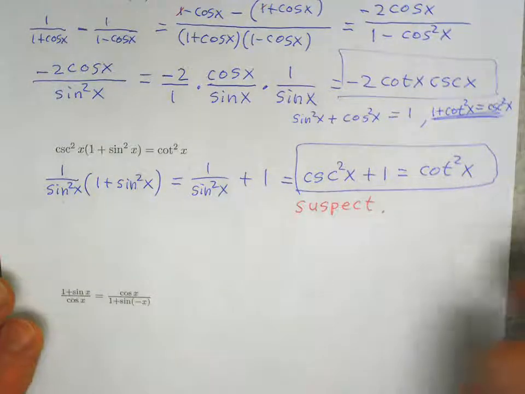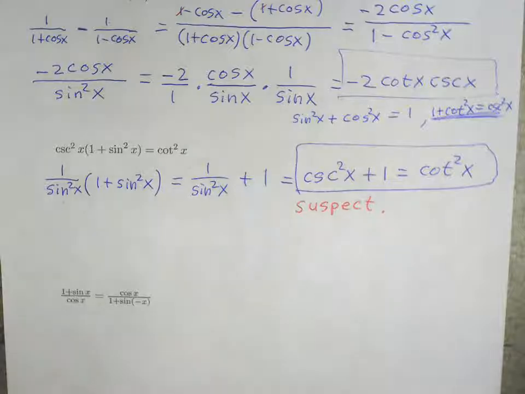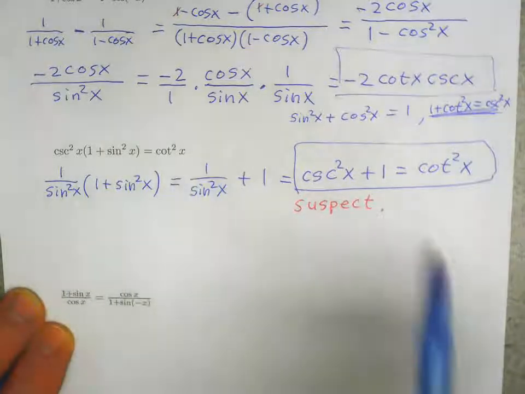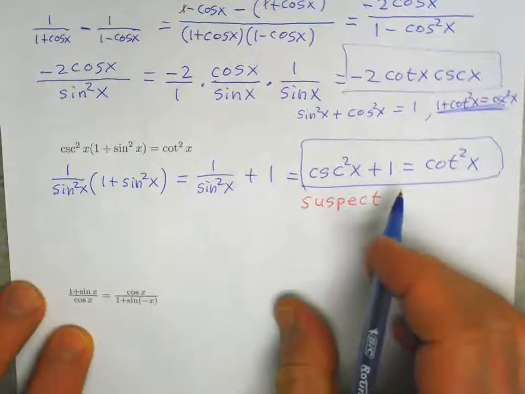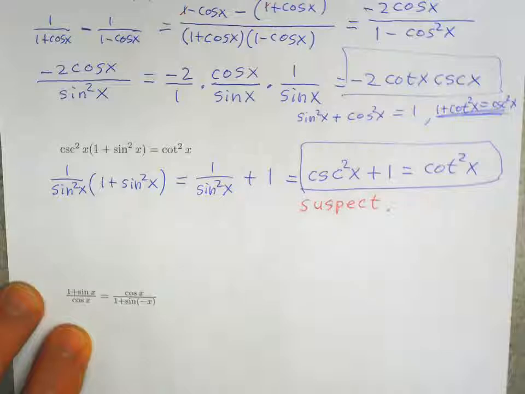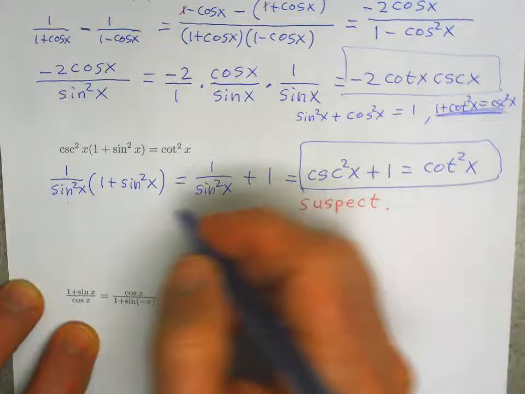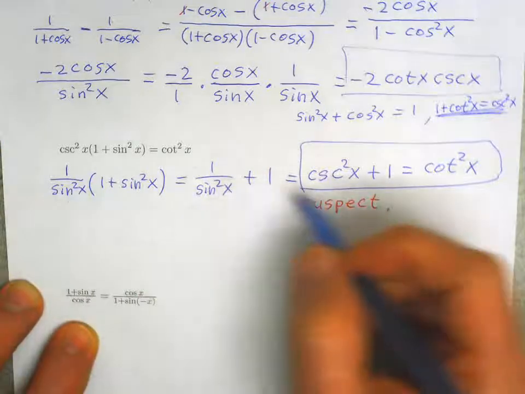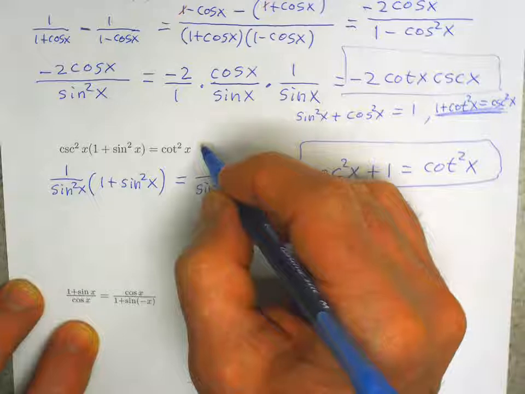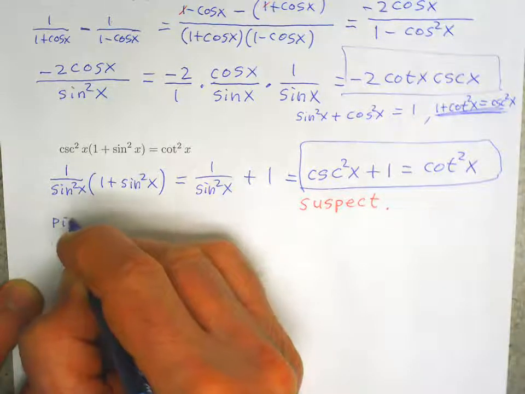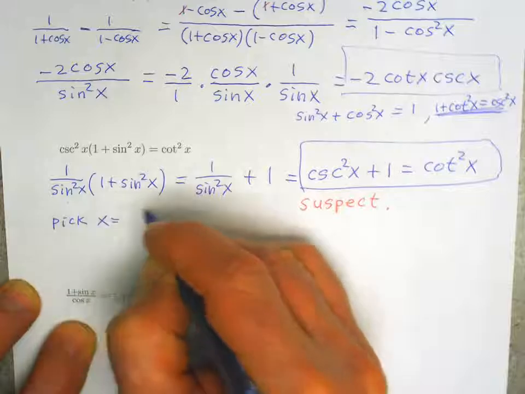Okay, so let's see if we can pick a value that we can replace x with. So let's see, how about, so cotangent is, okay, so how about pick x equals pi over 2.